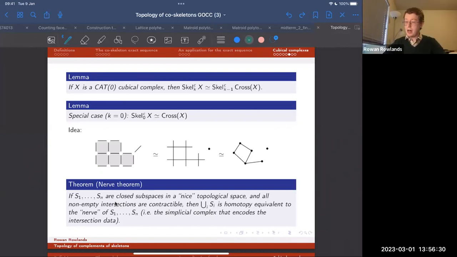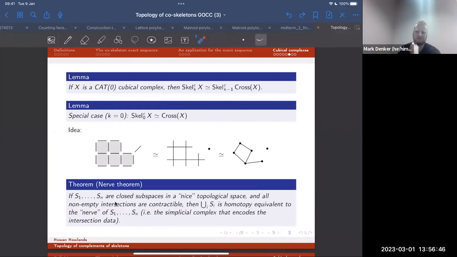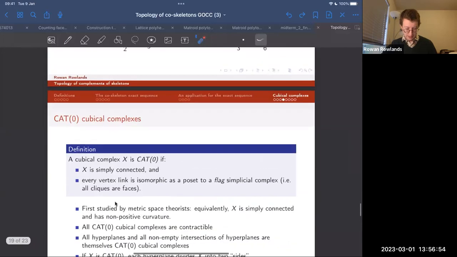Good question. My guess is that CAT(0) is, if not sharp, then close to sharp. In order to even apply the nerve theorem, you need the condition that non-empty intersections of hyperplanes are contractible, which is very strongly tied to the definition of a CAT(0) space.